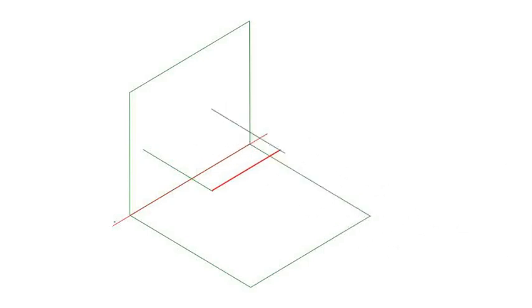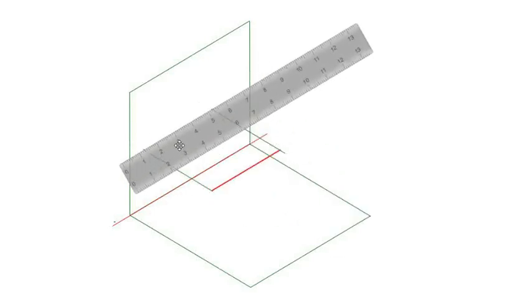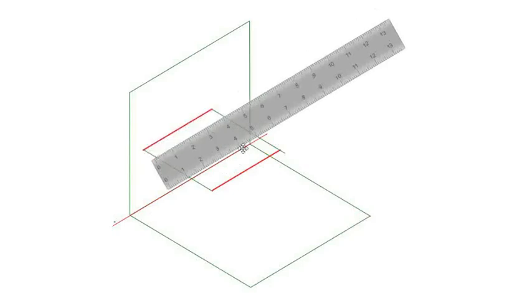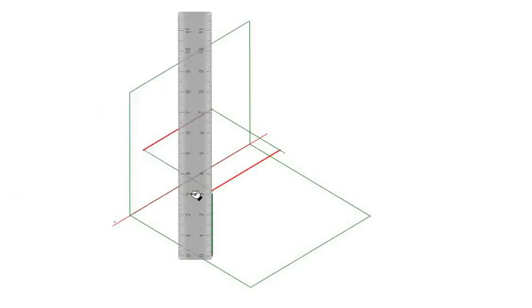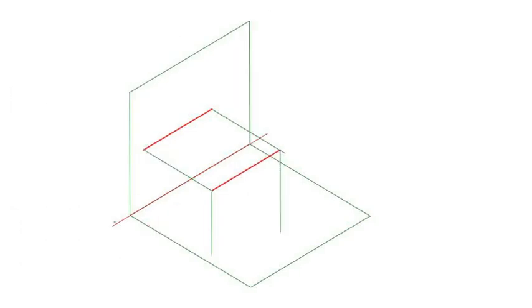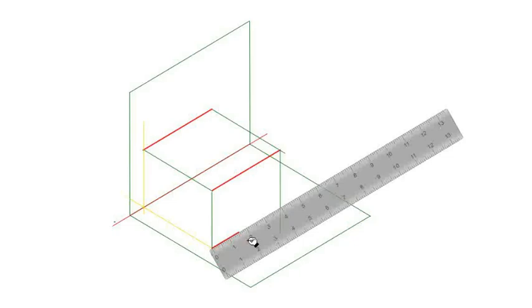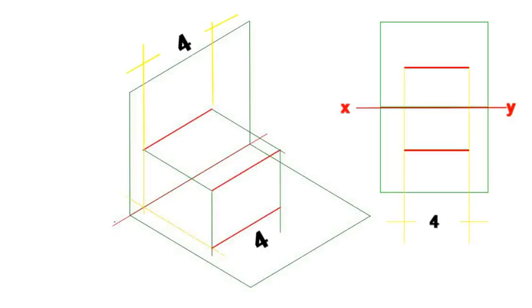Once we place P and Q on both planes, we just join the points to represent the line. We connect those points. Since the line is parallel, it will appear in its true length in both views. That's the easiest case.